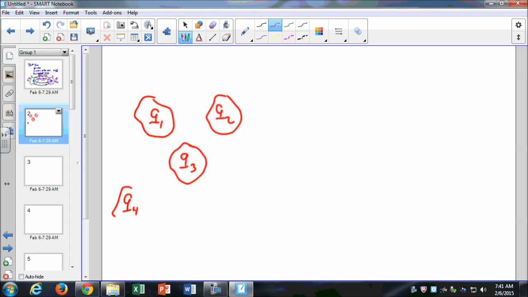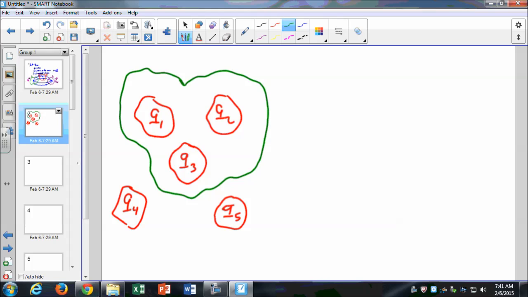Q4 and Q5. Alright, and then I imagine a surface. My Gaussian surface here goes around like this. So this is my Gaussian surface. It doesn't really matter what the shape is, I've just sketched it in. And I want to know what is the net flux going into that surface.